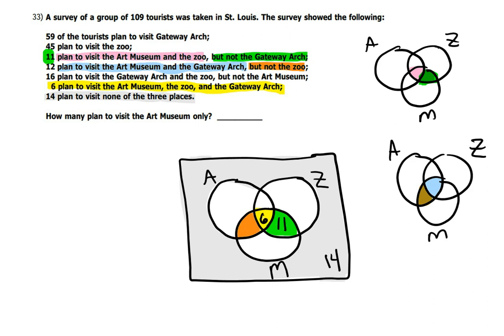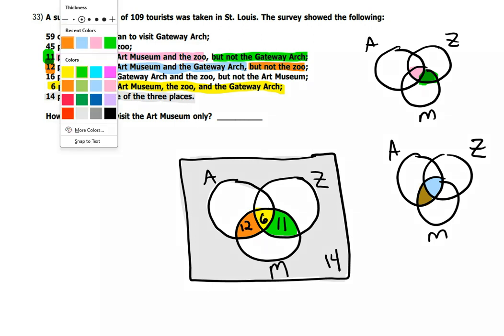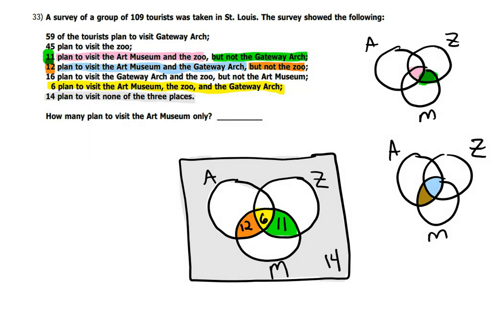See, on the last one, you actually had to subtract out the number. Here, they're subtracting out the region with the words. And so these 12 people go right here. And then I can do this one more time. The people that plan to go to the arch and the zoo would be arch and zoo.